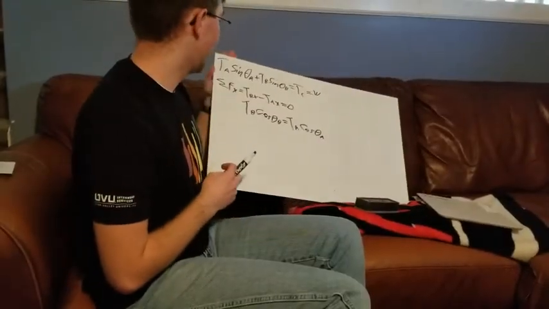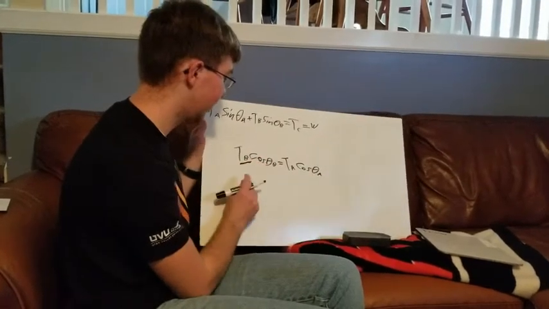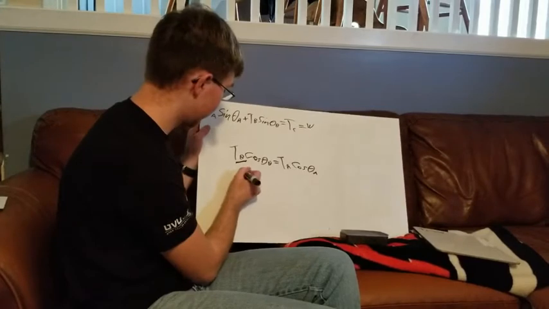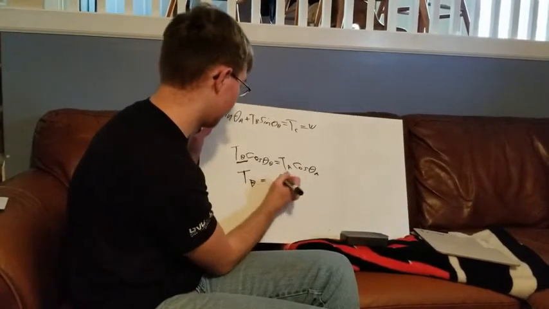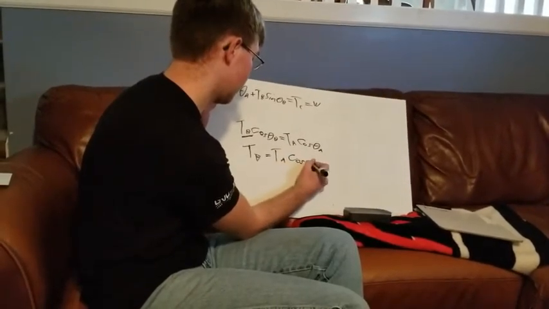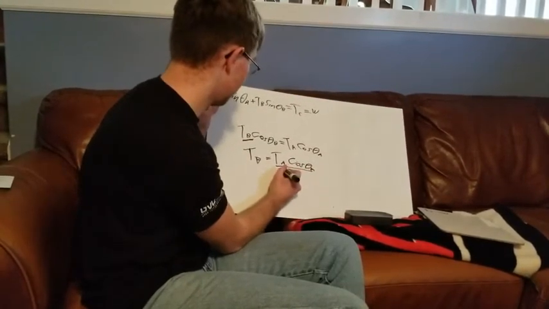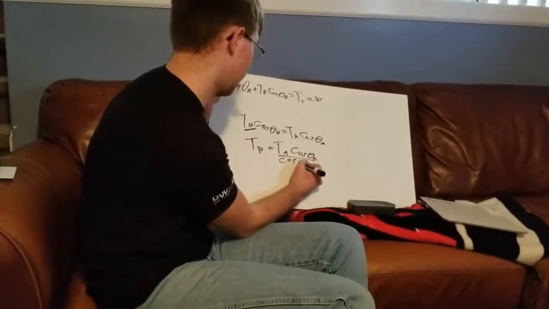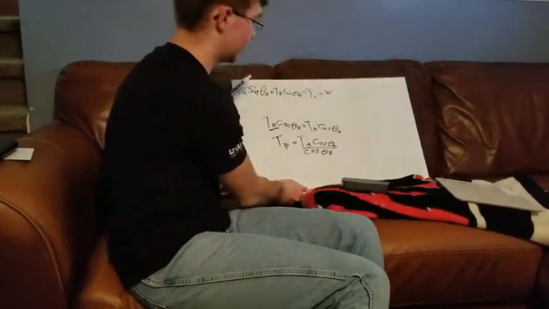Now I have two equations that I can use to solve for these two unknowns, tension A and tension B. So I'm going to solve for tension B in this equation. So tension B equals tension A cosine theta A over cosine theta B. And I'm going to write this down for later.